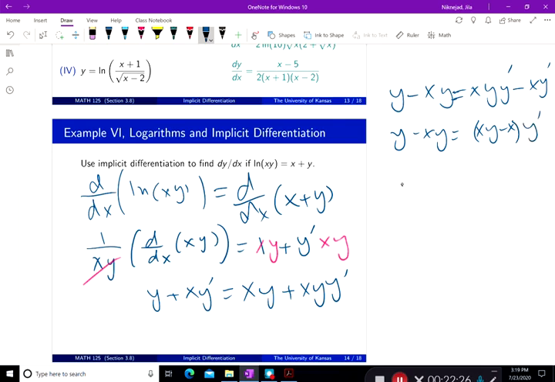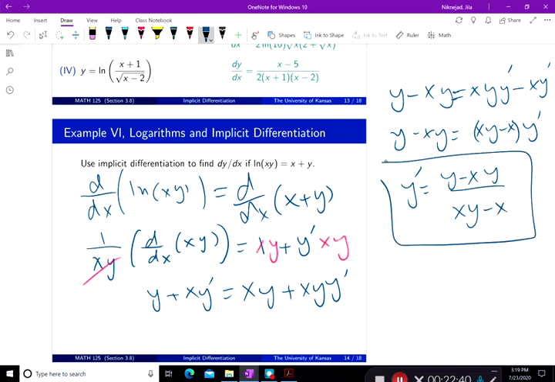So solve for y prime, and y prime is going to be y minus xy over xy minus x. This is one way of solving this problem. There is one more way of solving this. So let's do method 2. Let's erase and come back for method 2.